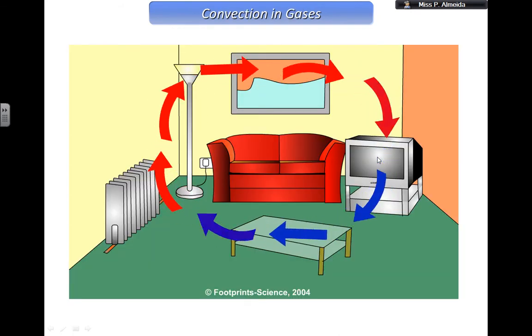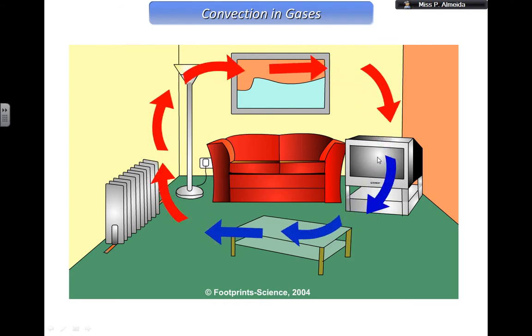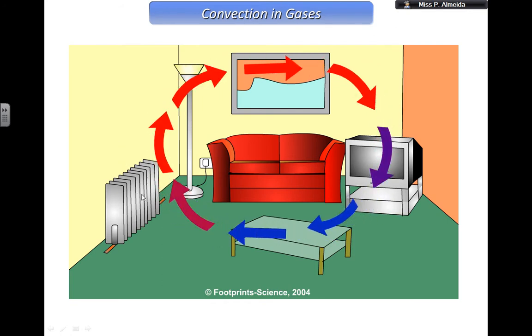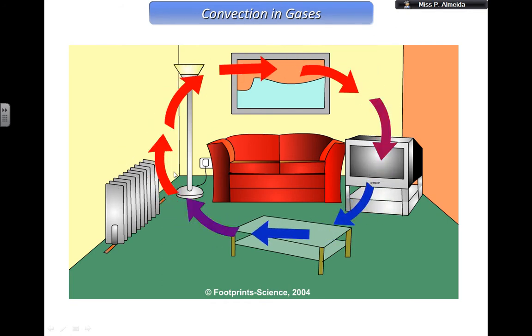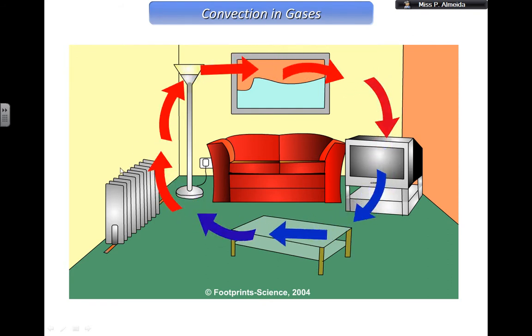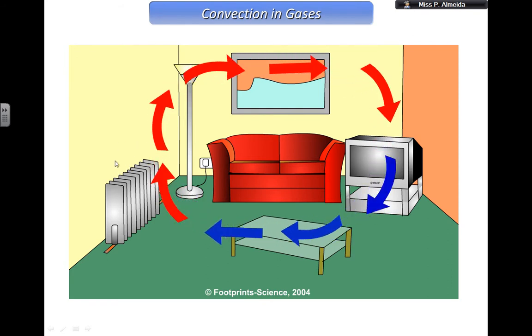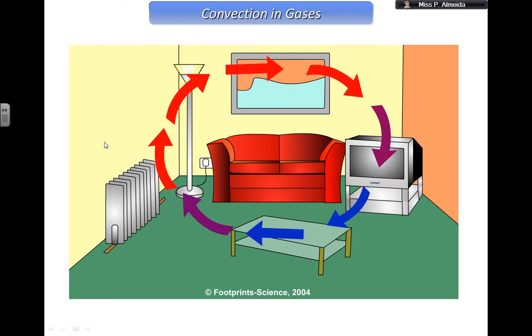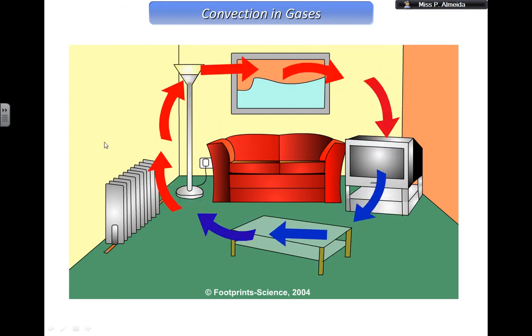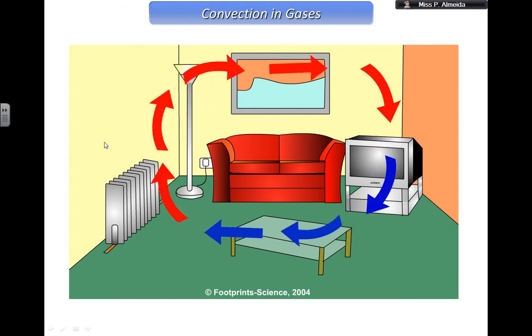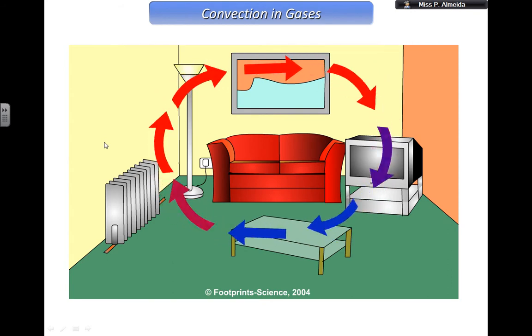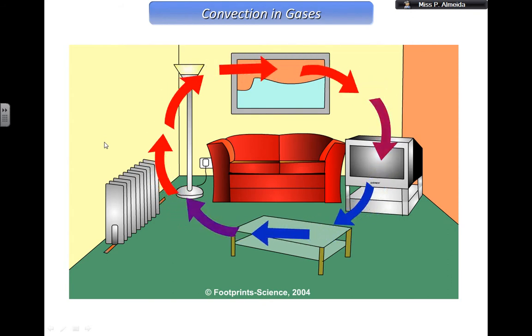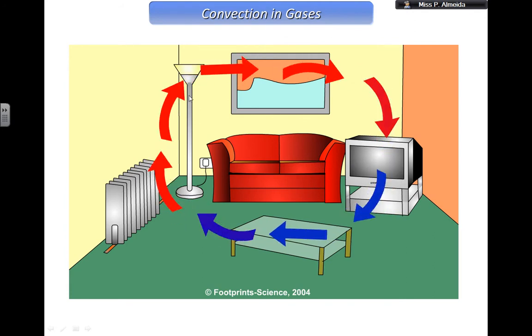In gases it is the same as in liquids, okay? So imagine I have the radiator here in the house. Particles near the radiator gain more thermal energy. This makes them move faster, so they get more kinetic energy as well, meaning that they move further away from each other. The density of that part of the fluid, the gas in this case, decreases, therefore the particles rise.